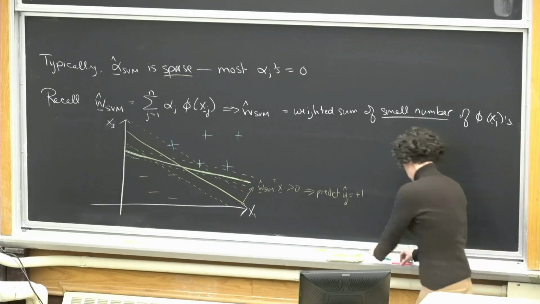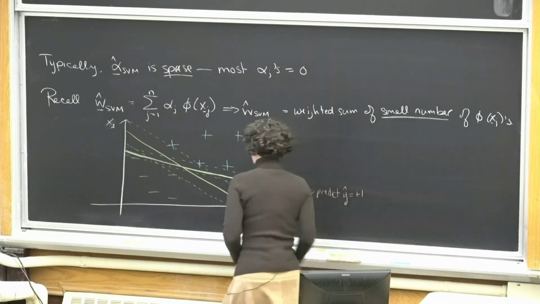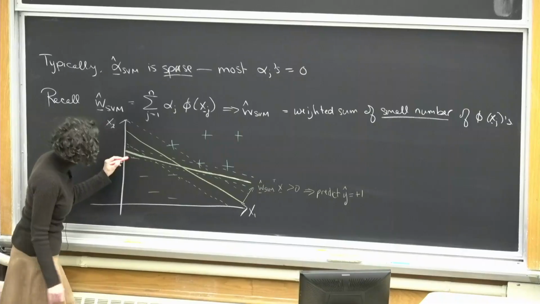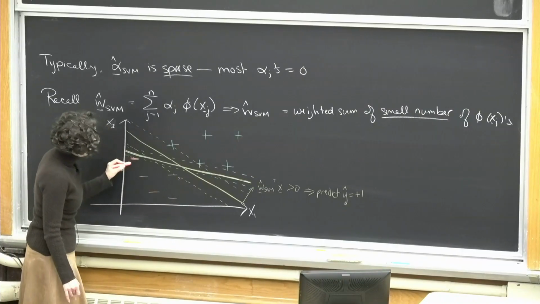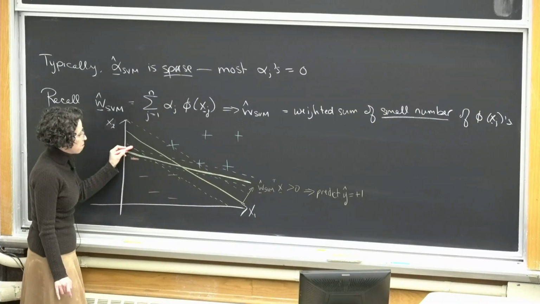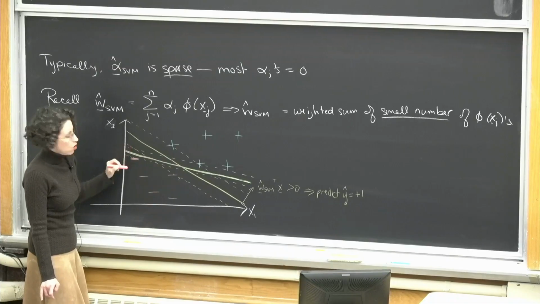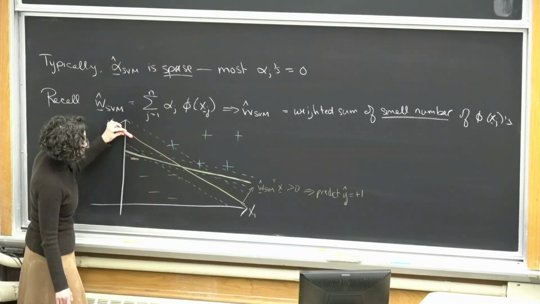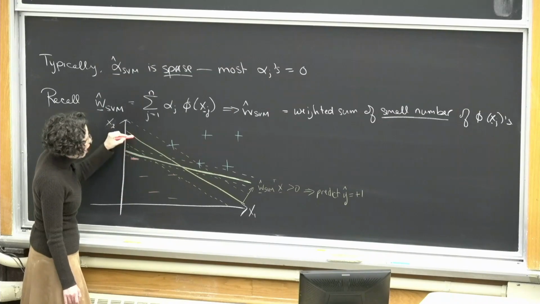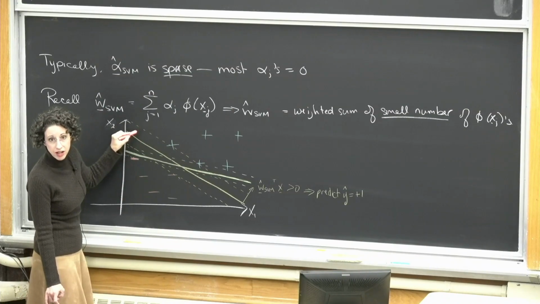And the idea is maybe pretty intuitive because in this case where I've got the green skinny tube, this sample right here, if it had moved just a little bit, it might have been pushed over the boundary. Whereas with the yellow decision boundary, the one corresponding to the SVM, I would have to move it a lot more before it gets misclassified.